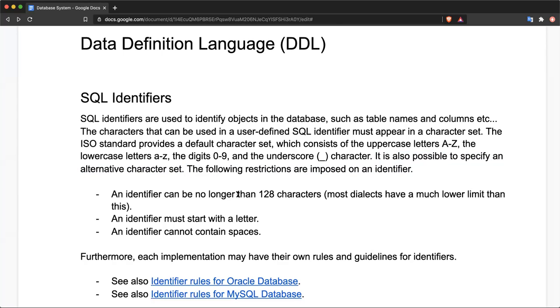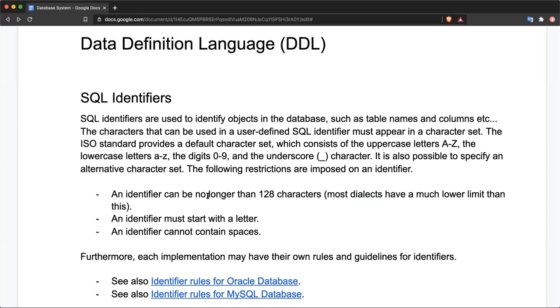First of all, it is the length of the characters that can be used in the identifier, and ISO defines it as 128 characters. But note that most of the dialects, and by dialect we mean the implementation of SQL, have a lower limit than this.